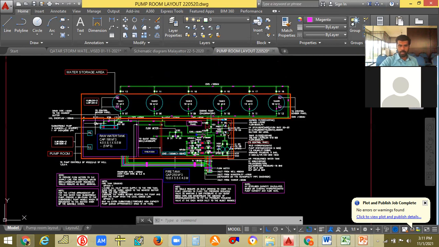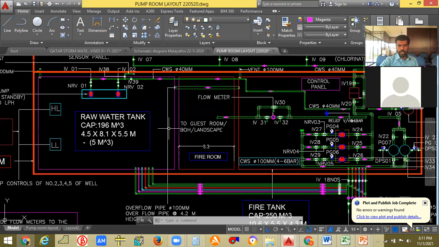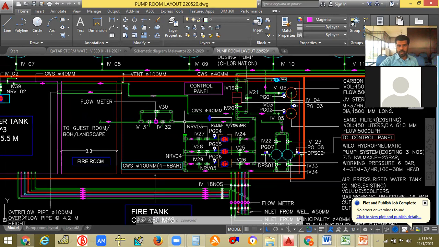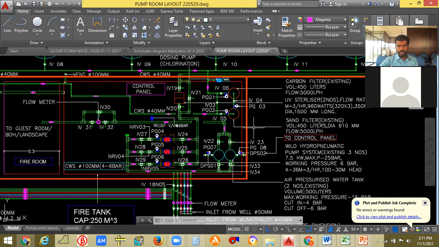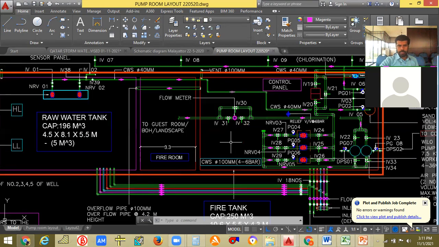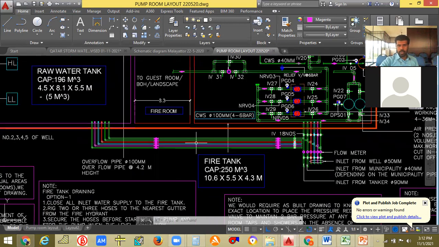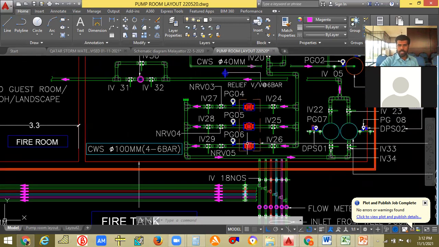In this pump room layout you can see the raw water tank, and in between these two there is an air room, and there is a fire tank also. You can see the capacity is there. From there, this is the auto pneumatic system.